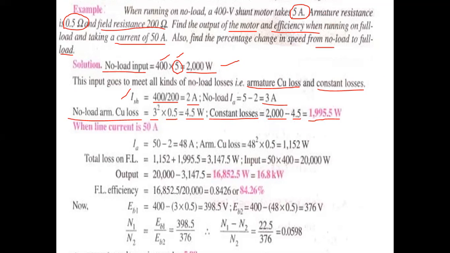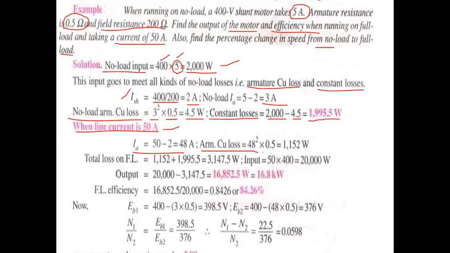Now this 5 amperes data is completed. This 5 amperes is only to find the constant losses. Now we will go for another given data in this numerical problem, with line current 50 amperes. Now this is a line current. We already calculated shunt field current as 2 amperes, and the armature current for this 50 amperes of line current is 50 minus 2, equal to 48 amperes.